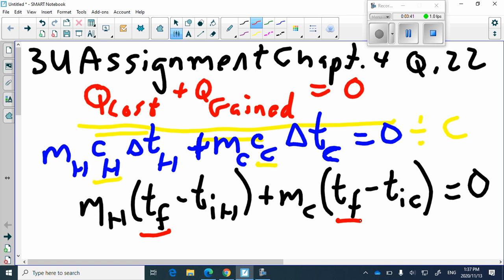You know the initial temperature of the hot, right? You know the amount of cold water you got. You know the initial temperature of the cold water, right? So the only unknown left here is mass of the hot water. And you've got to do your work and figure it out, right?